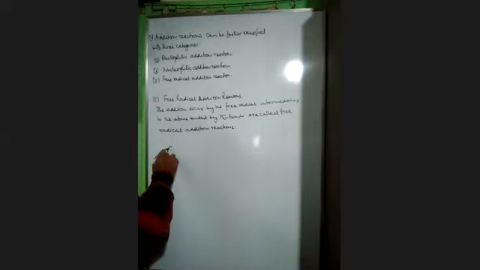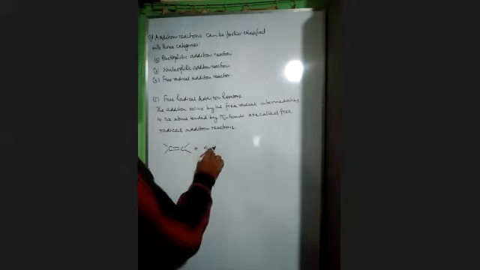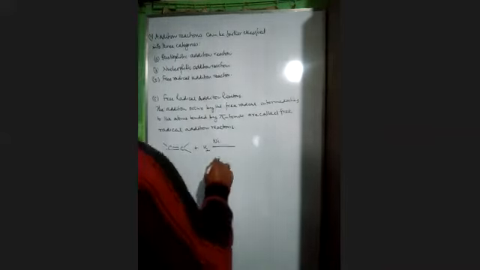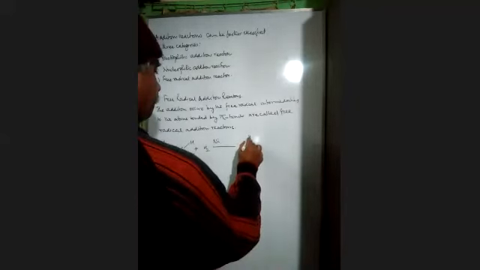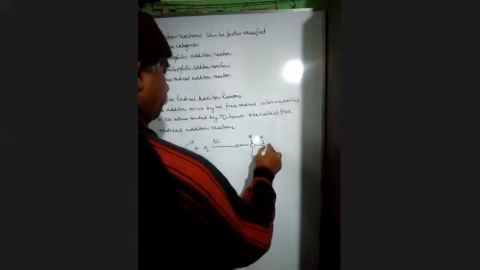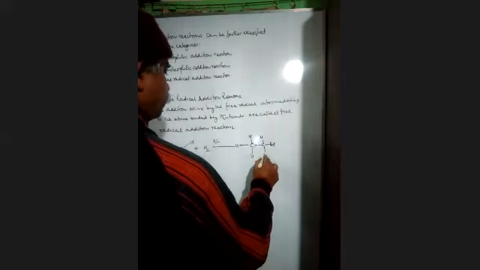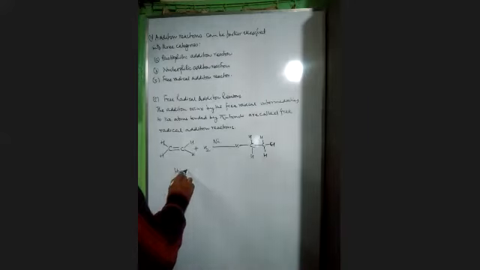So, okay, see here. This example I gave you in the very beginning. If I take an alkene and pass hydrogen gas through that in presence of nickel, see now. Now what happens? See, hydrogen is a small molecule.